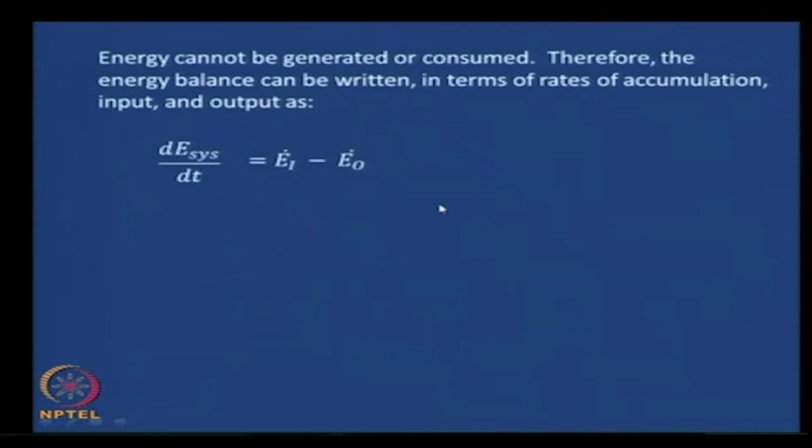It is quite intuitive, straightforward to see. There are no other terms that can be included in this. If you want to think about it, please go ahead and do that. You will realize that there are no other terms that can be included in this. It is a very fundamental, simple balance.